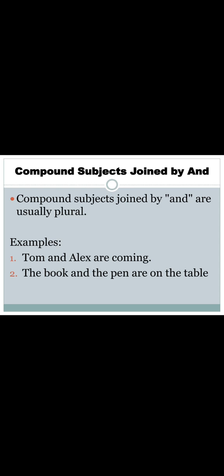Tom and Alex are coming means both persons, so it is a plural form, so it takes are. The book and the pen are on the table means two things, one is book, another is pen, so both are on the table.